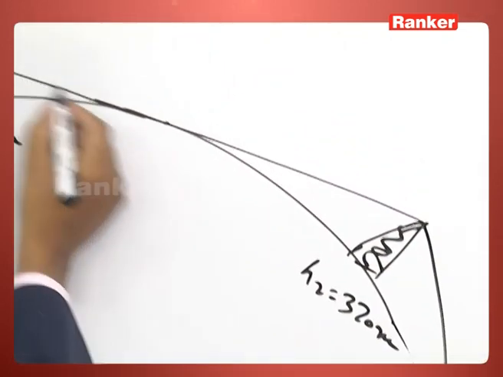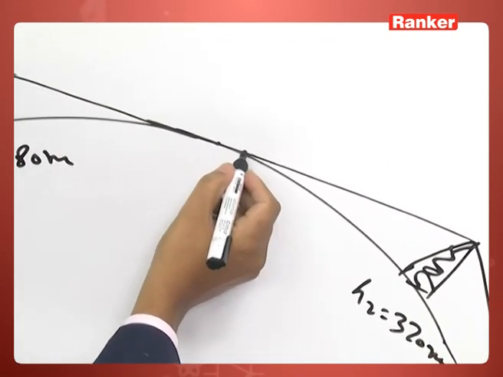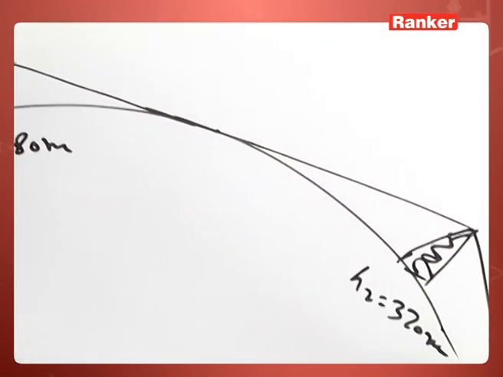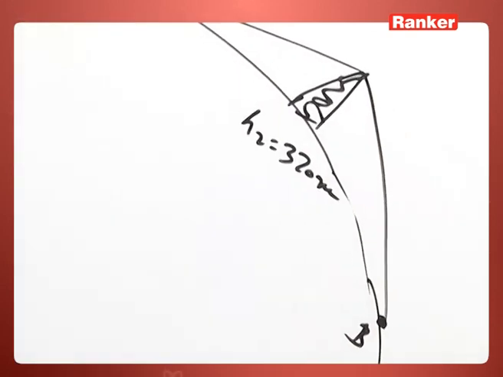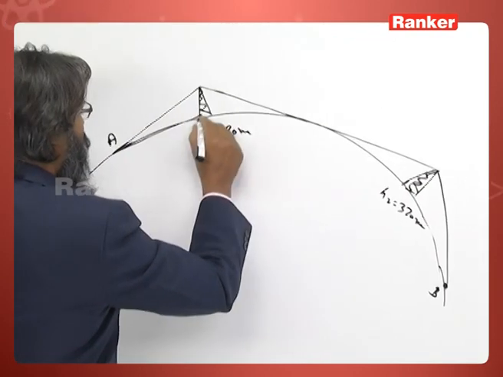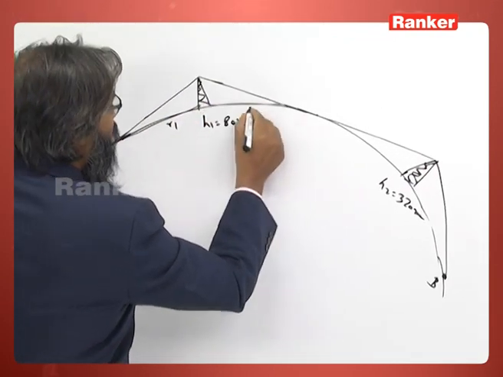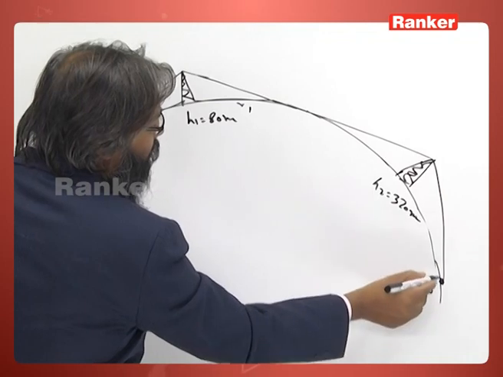This region can be catered by this tower, and just beyond this it comes under the influence of this tower. So the farthest distance to which A and B lie will be this R1, and this is R1 and this is R2 and this is R2.